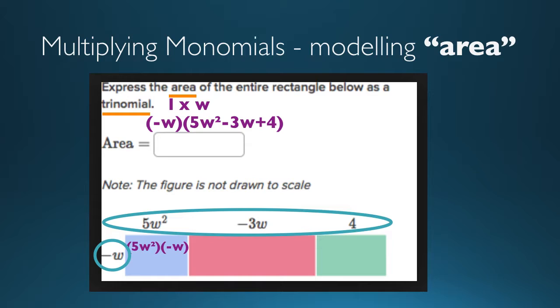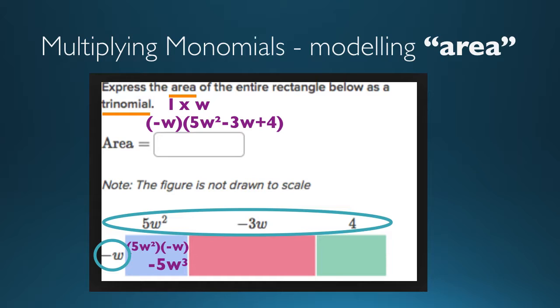And if we multiply the numbers together, we've got positive 5 times an invisible negative 1, which is going to give me negative 5. And then our bases, our w and our w, we add their powers together, so 2 plus 1 is 3. So the area of the blue rectangle is negative 5w to the power of 3.